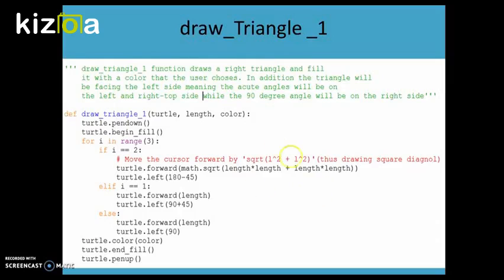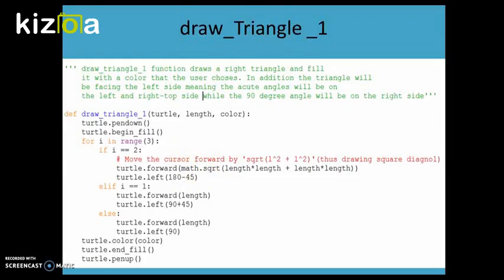So I use the Pythagorean theorem over here, and then if i equals 2, it's just going to draw the length, and then the angle is going to be either 90 plus 45 or 180 minus 45. It tells it whether to make that angle based on the requirement.